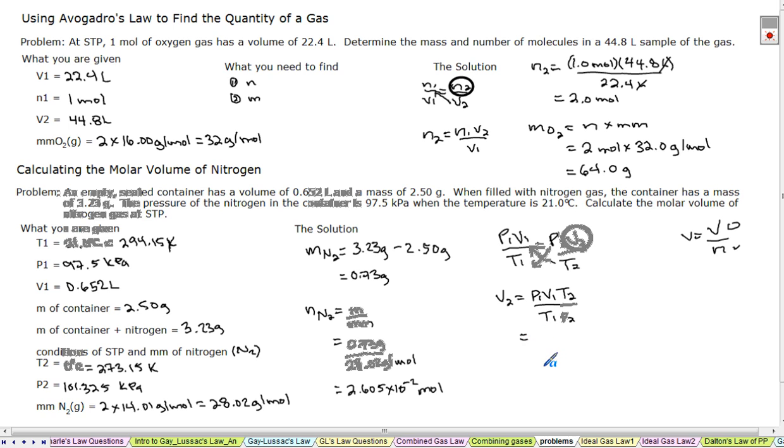So now we get to sub all of our values in. Our initial pressure is 97.5 kPa. Our initial volume is 0.652 liters. And our final temperature is 273.15 Kelvin.